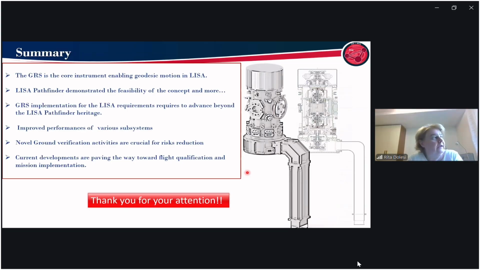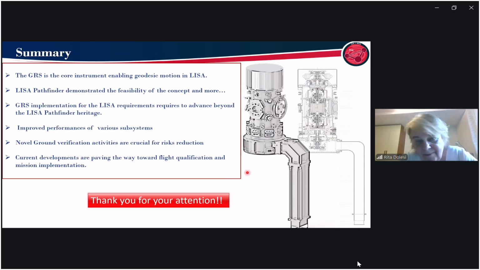Absolutely. So for LISA Pathfinder, in the ground testing campaign of the outgassing rates, we performed the measurements with a method that was not accurate enough. But now with this system, we are much more confident that the numbers we are obtaining are correct.